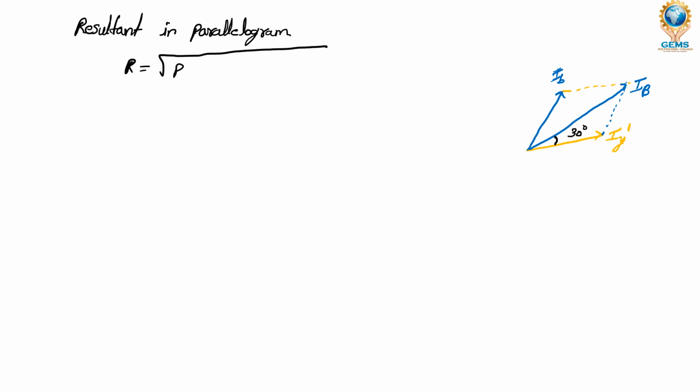So now this is a similar parallelogram. The resultant in a parallelogram, or diagonal formula in a parallelogram, the formula is, here you can see, resultant R equals square root of p square plus q square plus 2pq cos theta.